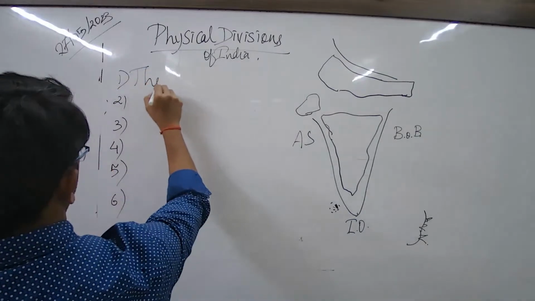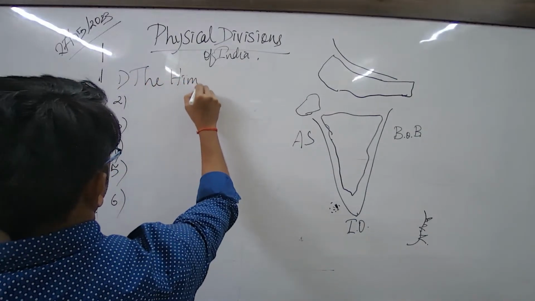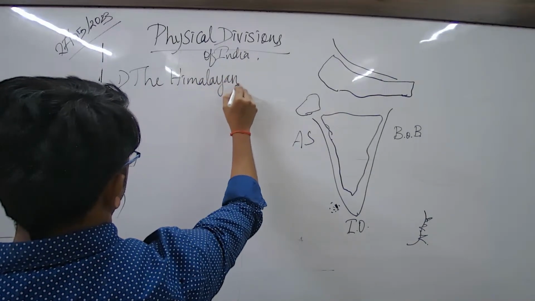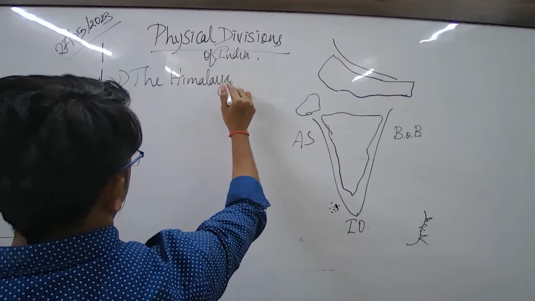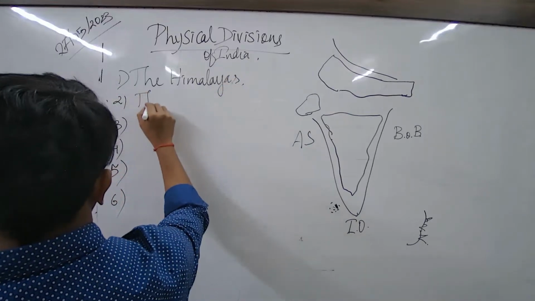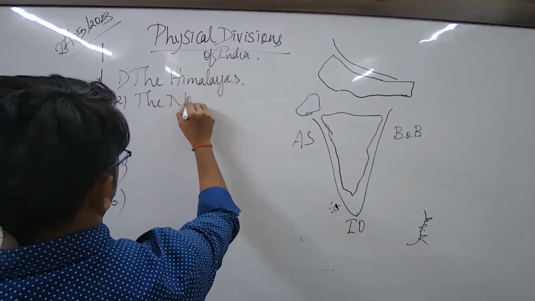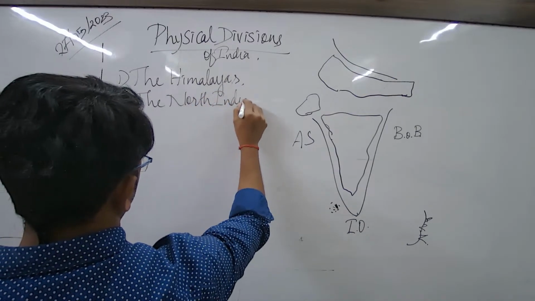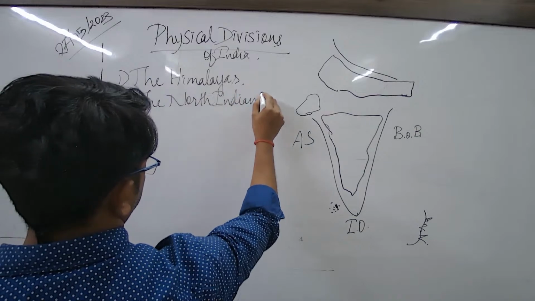The Himalayas. So physical divisions like plateau, desert, mountains, the Himalayas. First you read the questions. If you want any answers, please check with me.